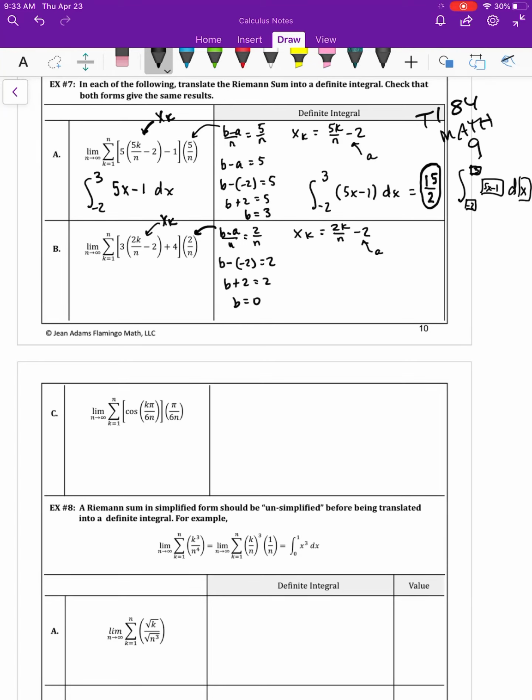So this time, b minus a, minus 2, equals 2. So b plus 2 equals 2. So I subtract. So my b is 0. So this seems to be the integral from negative 2 to 0. And then this would be 3x plus 4 dx.